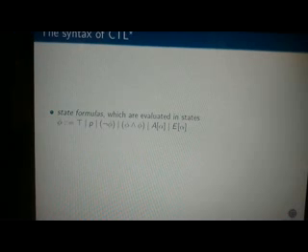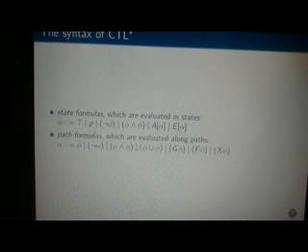We denote this by phi equivalent to psi. So path formulas are evaluated along paths. This formula describes the explicit quantification over the paths in CTL.